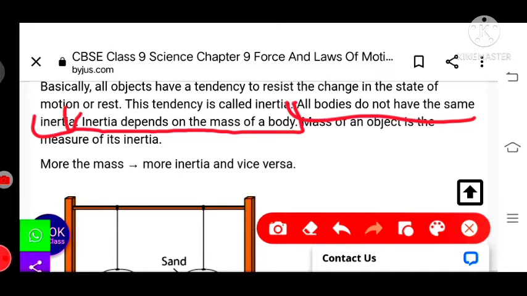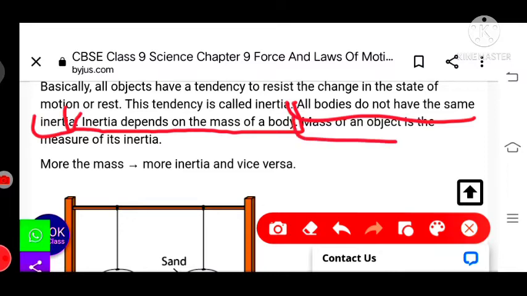So inertia is directly proportional to the mass of the body. If the mass of an object or of a body is less, then the inertia of the body is less. If the mass of the body is more, the inertia will be more.